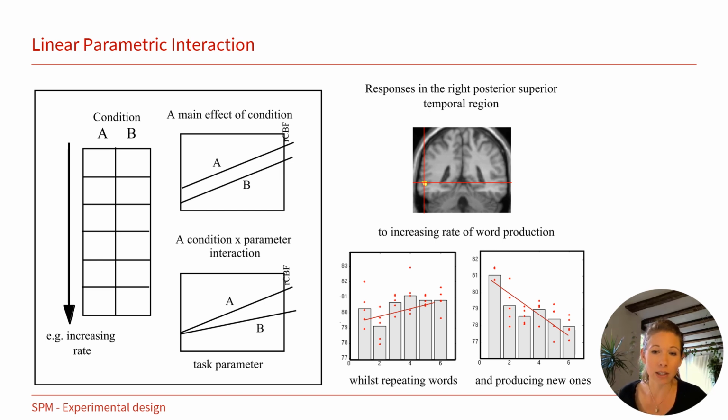And the categorical manipulation was whether it was about repetition or the production of new words. And one could assume either a main effect of condition, that, for instance, the production of new words would always lead to an increased activation in specific areas, while the repetition of words would be always at a lower level, but still we would have an increase with increasing production rate.